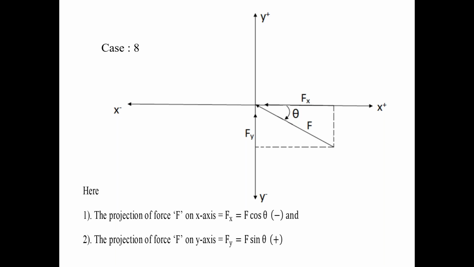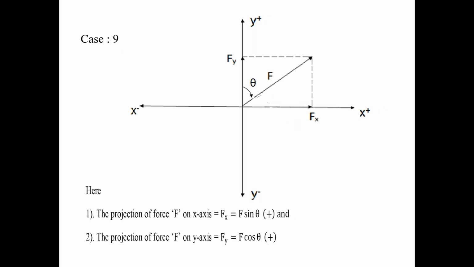Then in today's class, we are going to discuss what the x-axis projection Fx and y-axis projection Fy are, if the force F makes the angle theta with the y-axis. So condition 9. Please check this condition 9. The condition 9 is similar to condition 1.